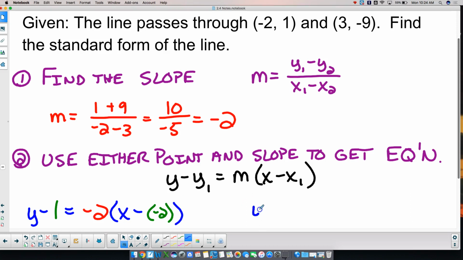In the other one, it is y minus negative 9 is equal to negative 2 times the quantity x minus 3.